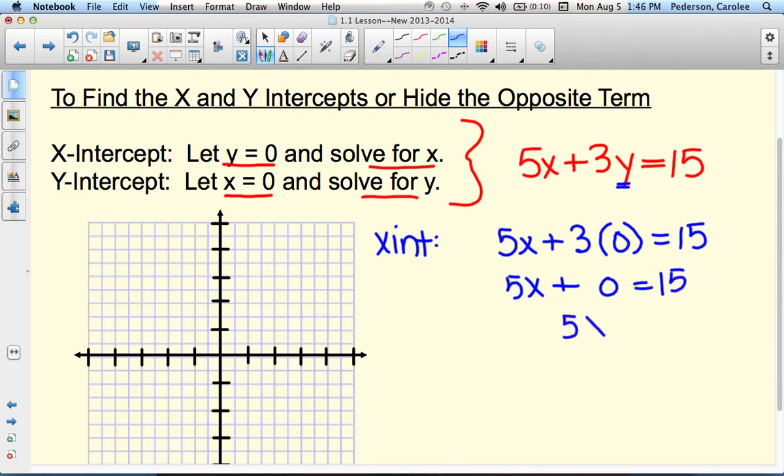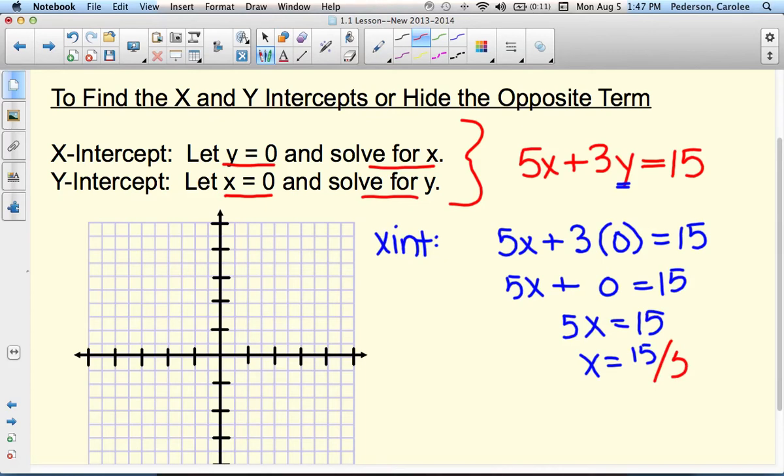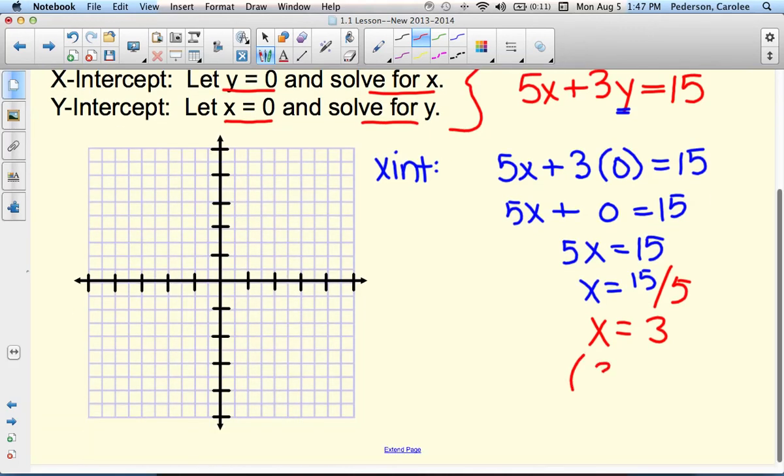We're left with 5x equals 15. Divide both sides by 5. 15 divided by 5 is 3. We like to write these intercepts as ordered pairs. So on the x-axis, we go over 3, up 0.